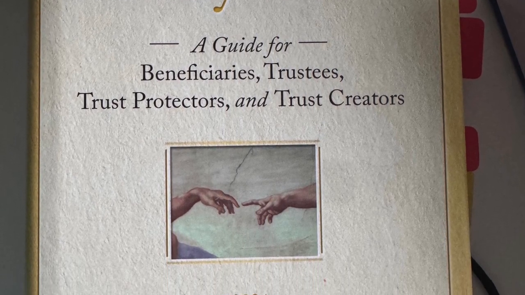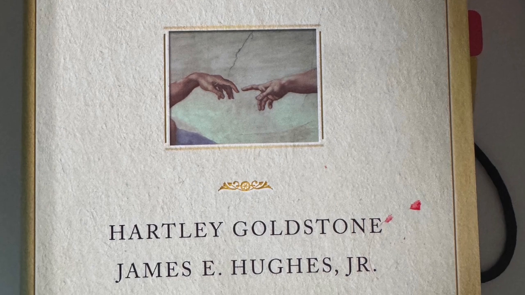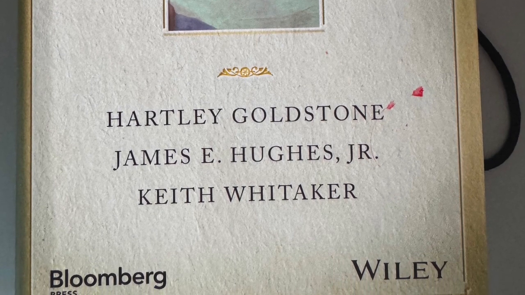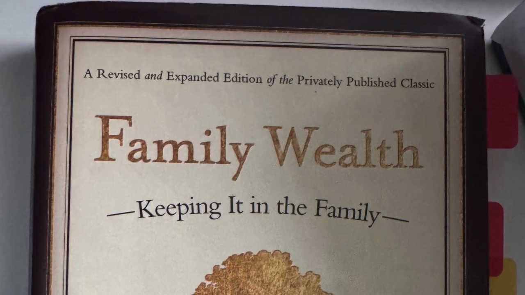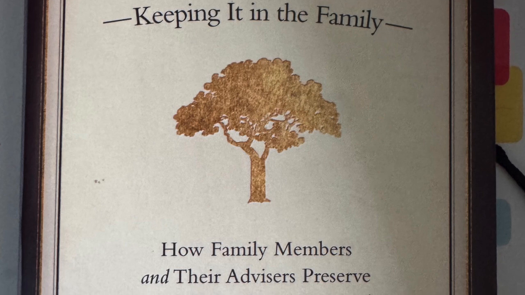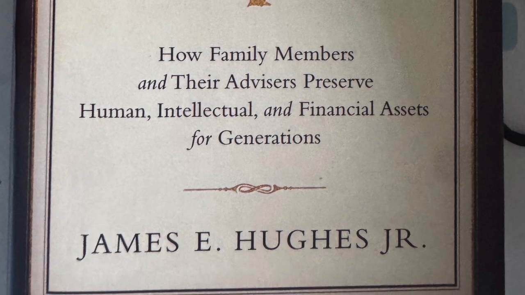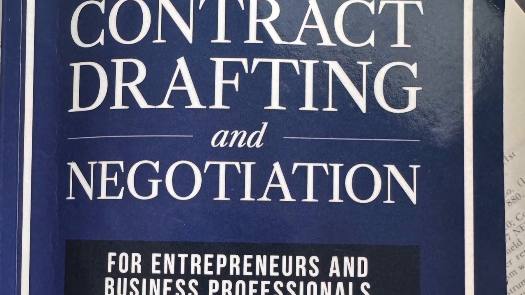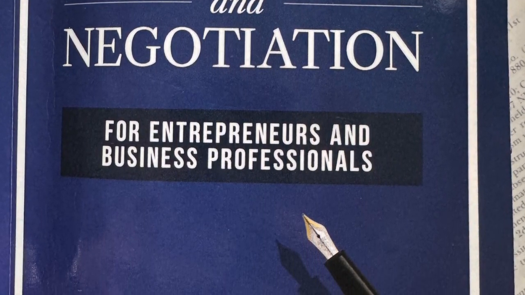I also talk about Family Trusts: A Guide for Beneficiaries, Trustees, Trust Protectors, and Trust Creators by James E. Hughes Jr. Also, Contract Drafting and Negotiation for Entrepreneurs and Business Professionals, Paul A. Swegel. And I also mentioned Family Wealth: Keeping It in the Family, also by James Hughes. And of course, a Westlaw etymological dictionary that I found at the law library. I don't have a copy of that, but it's on the internet.